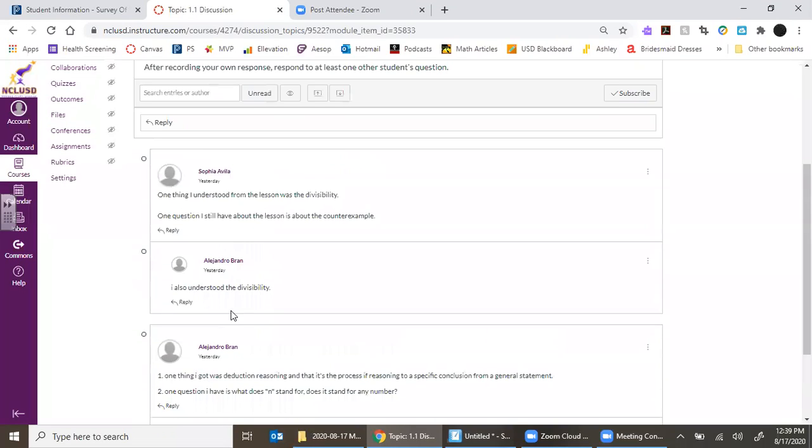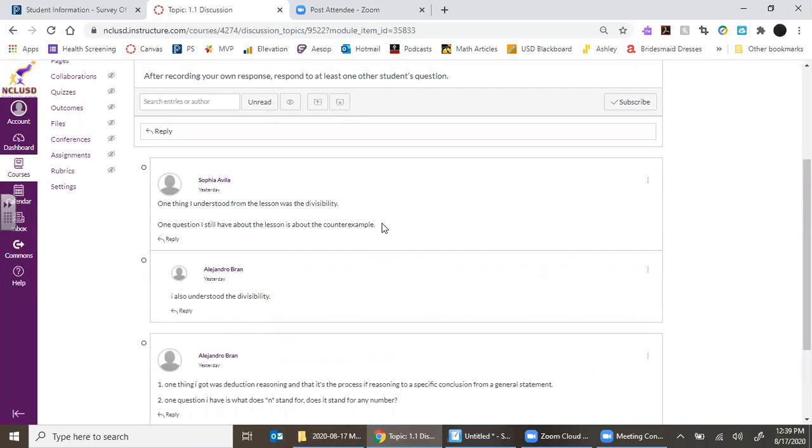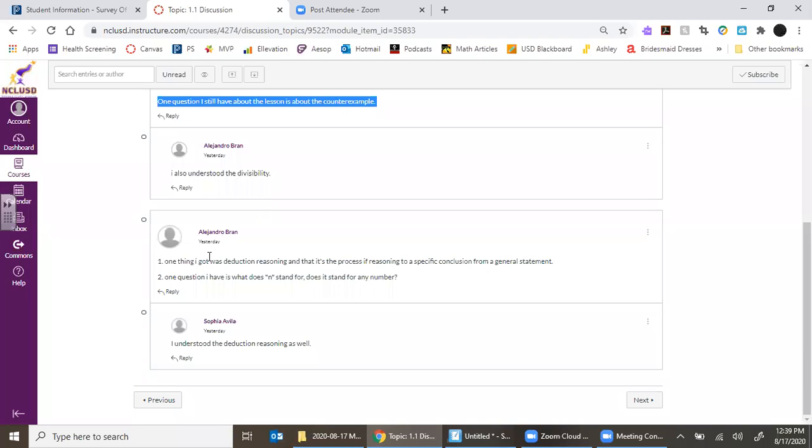One thing I would like you guys to try to do is, for the question part, how Sophie said that she still had a question about the counterexample, that would be something good to respond to. So maybe a counterexample was something that you really understood. You could go comment on Sophie's thread, and you could say, oh, a counterexample is this. And then for Alex, when he said one question is what does N stand for?